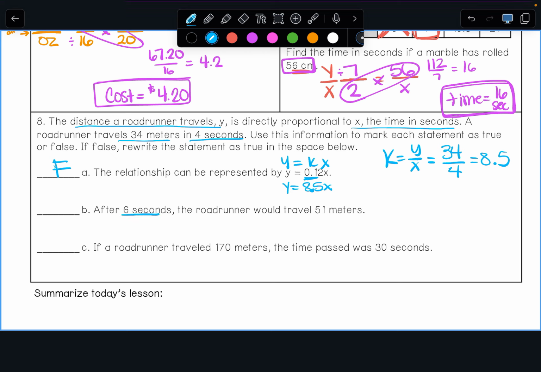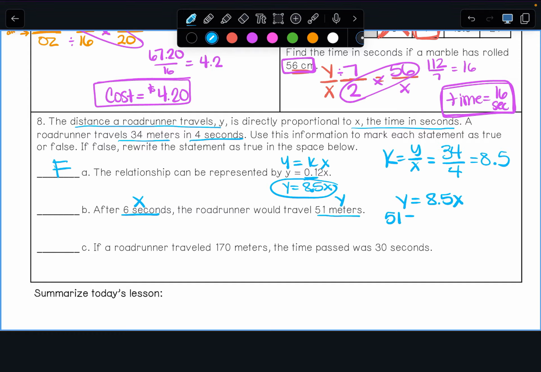After 6 seconds, the Roadrunner would travel 51 meters. Well, we can check this by plugging both numbers in. So I'm going to use this equation. Seconds is x, meters is y. Y equals kx, or I'm going to use the one that I just got, 8.5x.